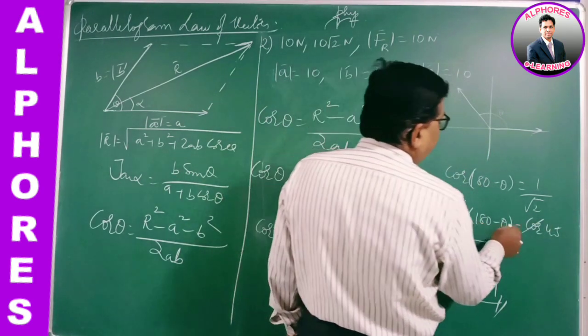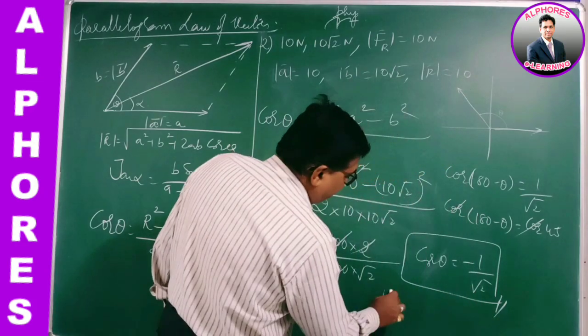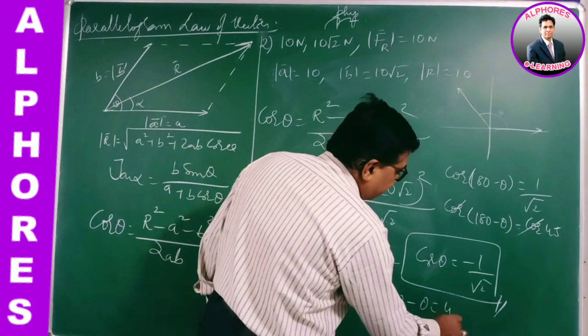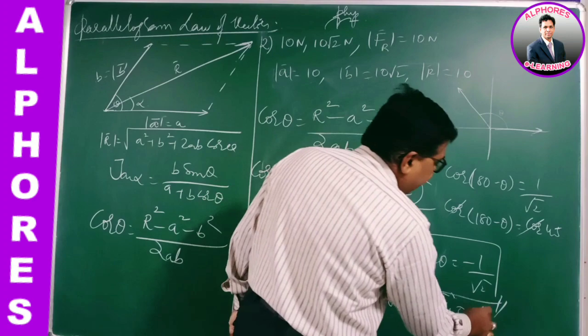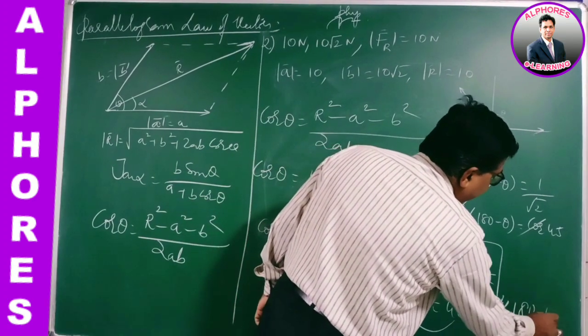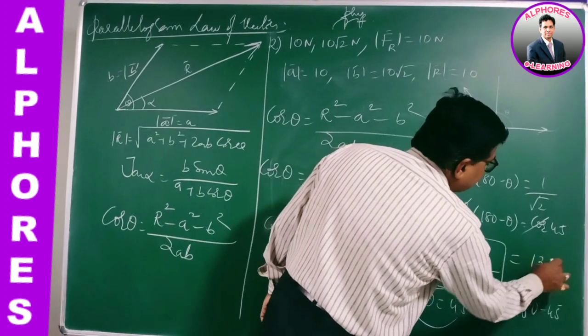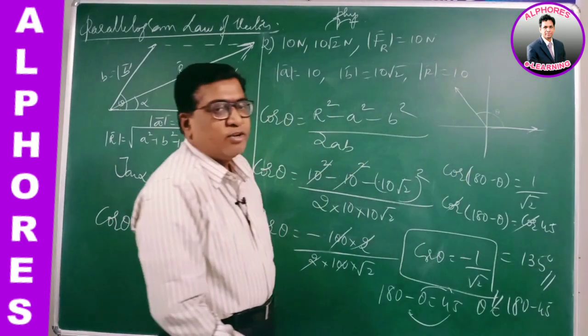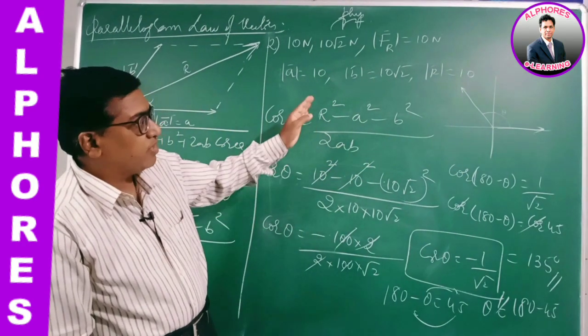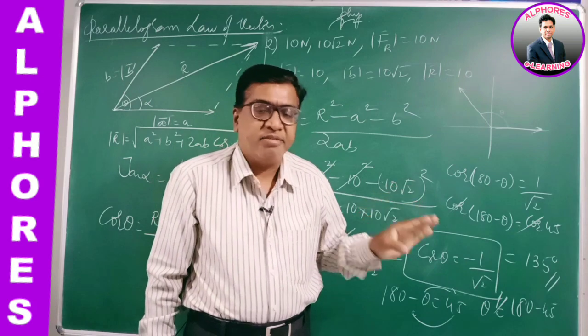So 180 minus theta is 45, so theta is 180 minus 45, you will get 135 degrees or 3 pi by 4. So this way you can find the angle between the vectors.